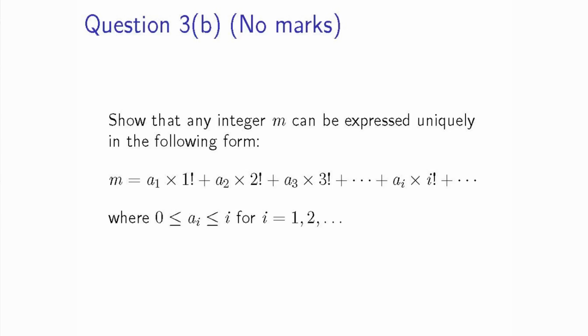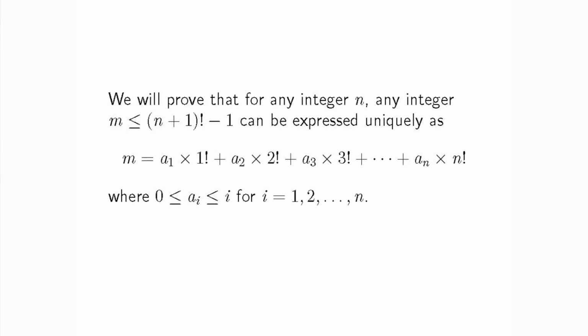For proving this, I will use mathematical induction, the simple mathematical induction. Instead, I want to prove that any integer n which is less than or equal to n plus 1 factorial minus 1 can be expressed in this form, and the largest digit is an.